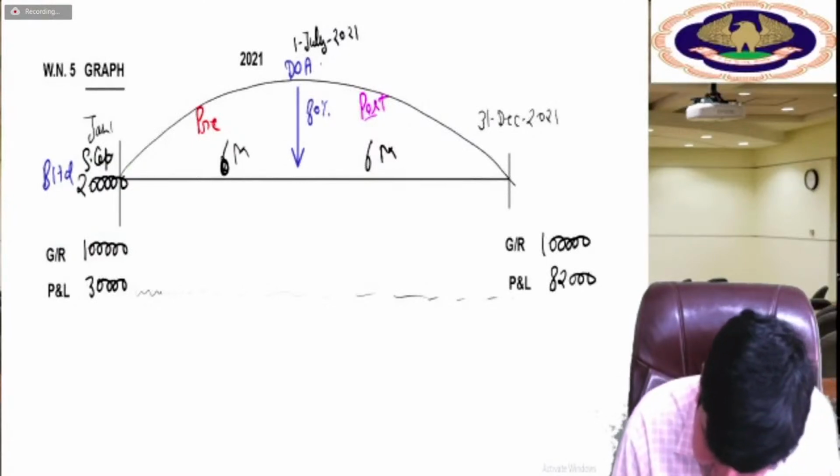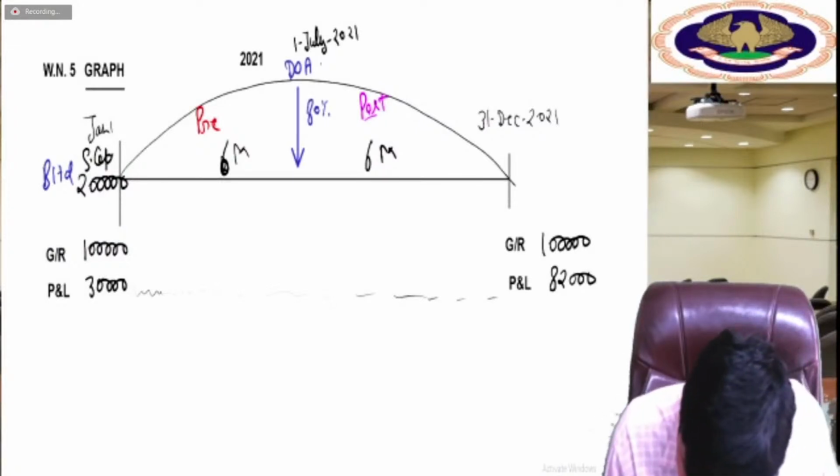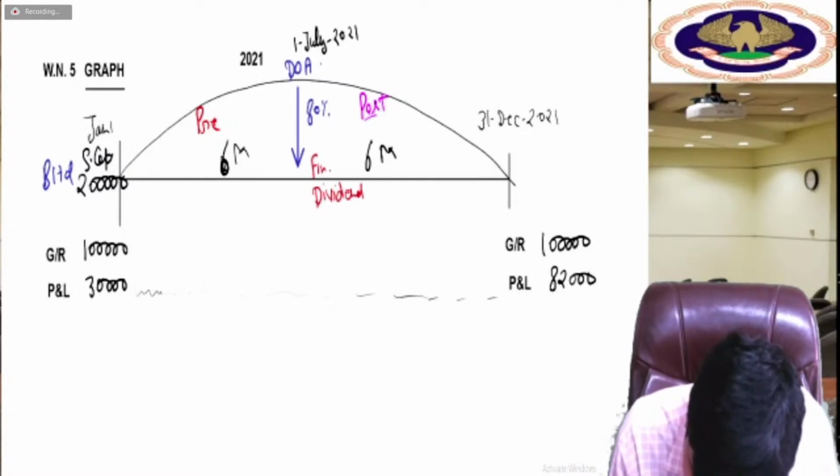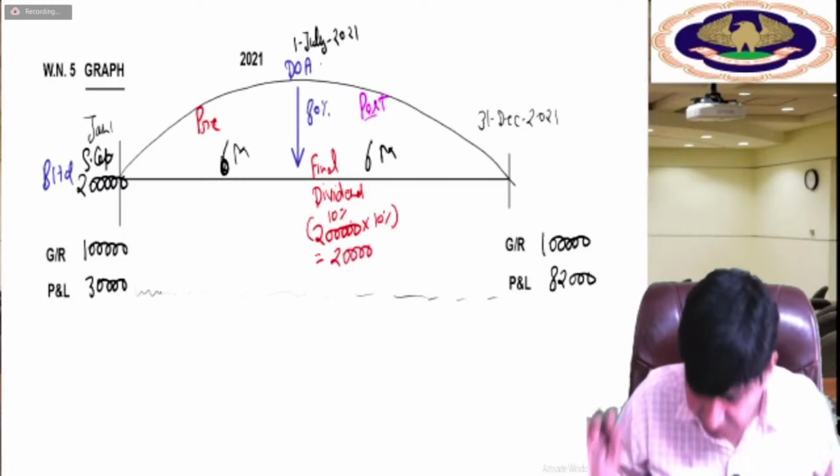Then on July 1st, while the final dividend was distributed 10%, that is rupees 20,000. On 2 lakh, you will apply the percentage of 10%, that is rupees 20,000 is your dividend.